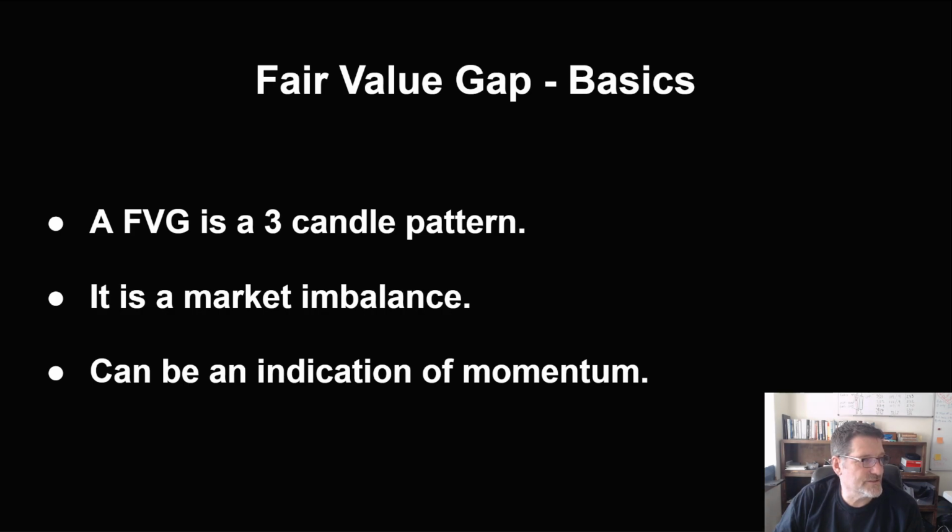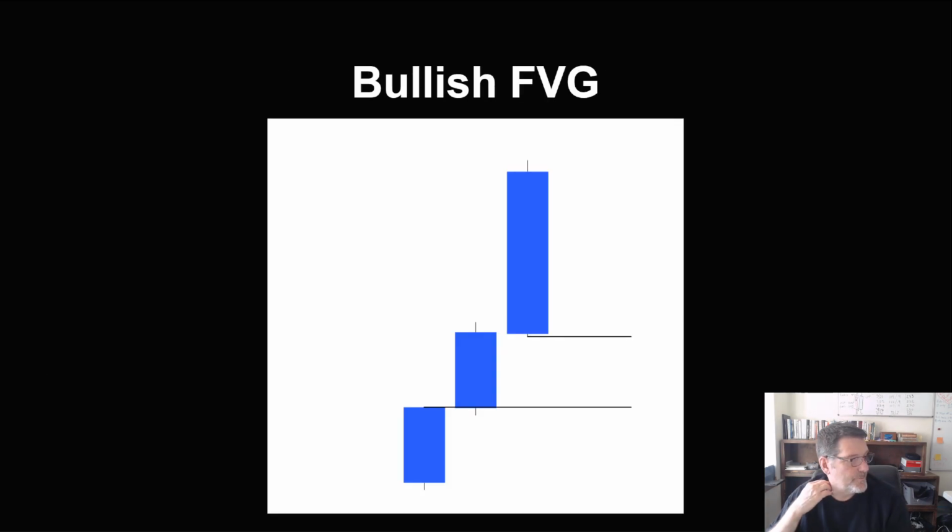So let's look at a fair value gap. This is a bullish fair value gap. As I said, it's a 3-candle pattern, and it's when the wicks, in this case bullish, the highest point on the first candle does not touch the lowest point on the third candle.